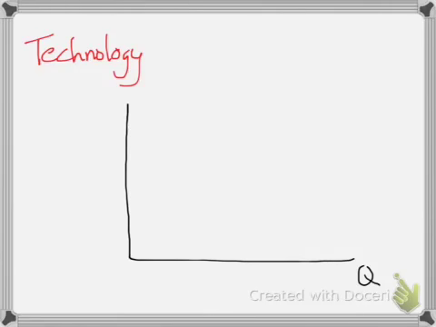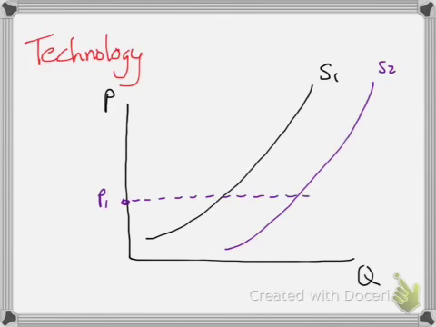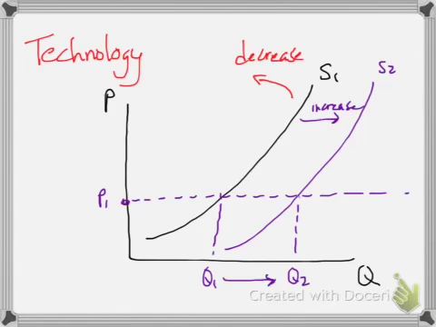So let's look at a change in technology. Let's say we start with supply curve 1 with a given state of technology in our world. If there is a technological advance and we go from hand production to mechanized production, or a process innovation that allows all companies within an industry to produce more quickly and at lower cost, then an increase or improvement in technology shifts the supply curve outward to the right to greater quantities at every price level.